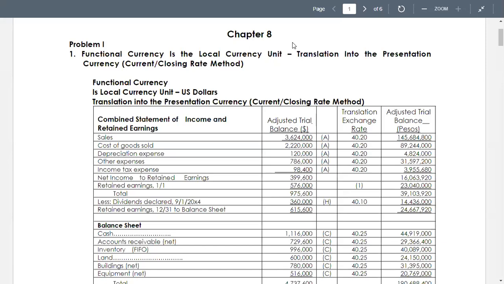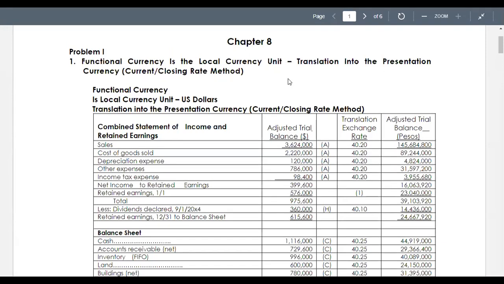You have to carry that forward to your statement of shareholders' equity where you will have your retained earnings. Okay, so that's now your valuation, or what are the rates that we are going to use for the purpose of translation. And we are talking of the rates when we use method number one, that's using the current rate method.